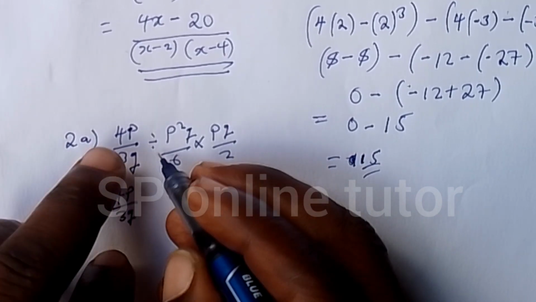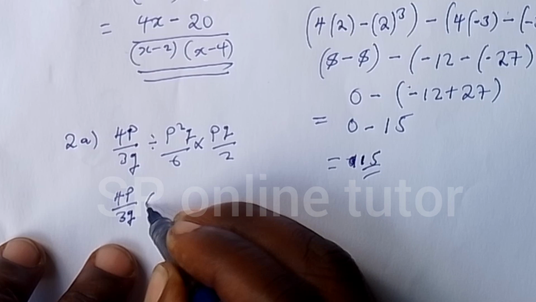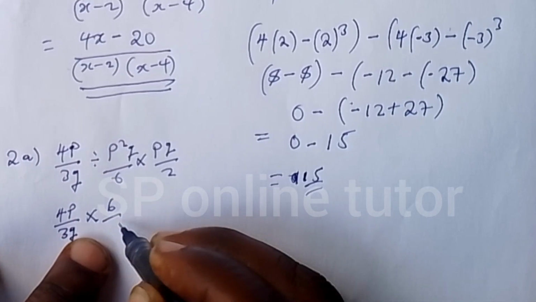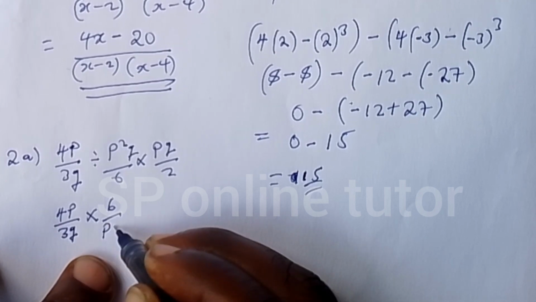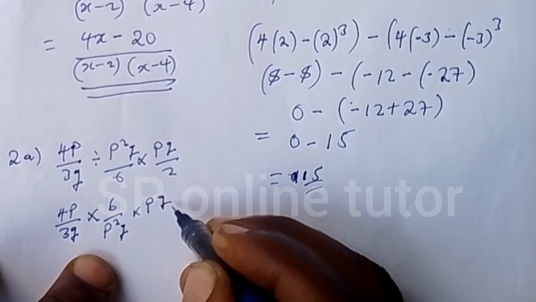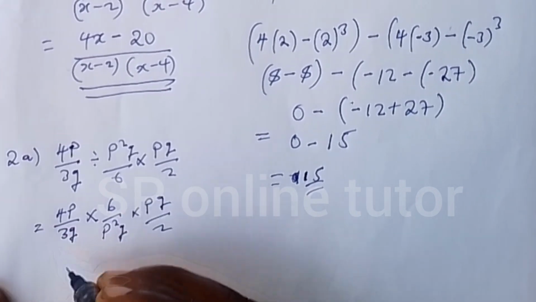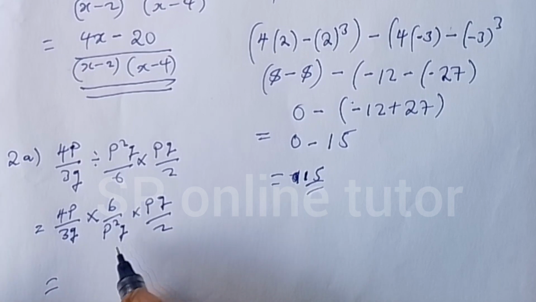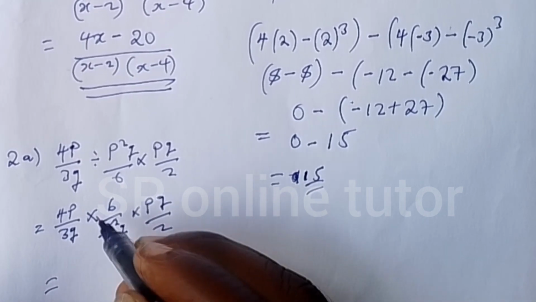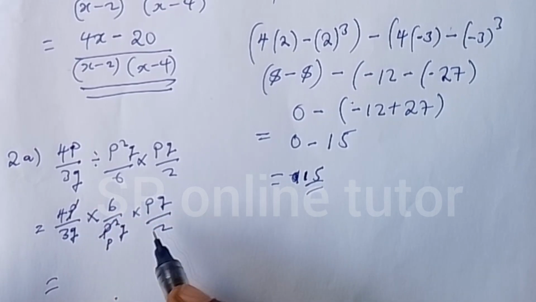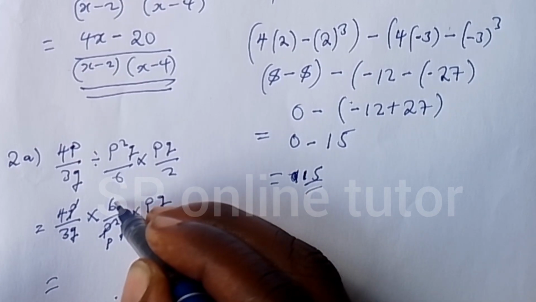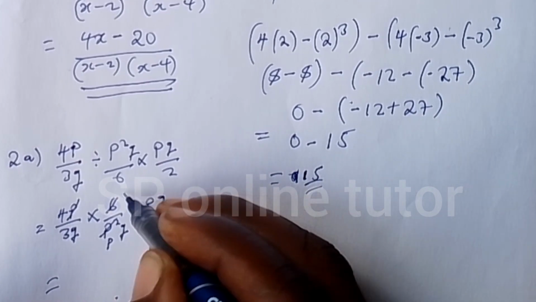The sign of division changes to multiplication, okay? In which we multiply, 6 goes on top, then here we remain with p squared q, then times pq over 2, okay? Which is equal to, here if you can see we have p squared, so here we remain with p, then here p goes, then 2 here, 1, 2 here, 3, okay?